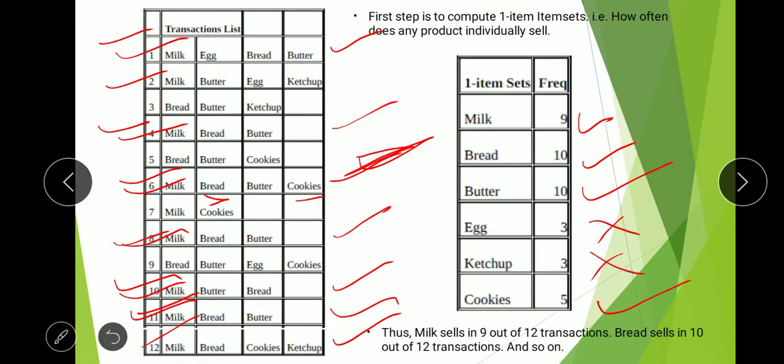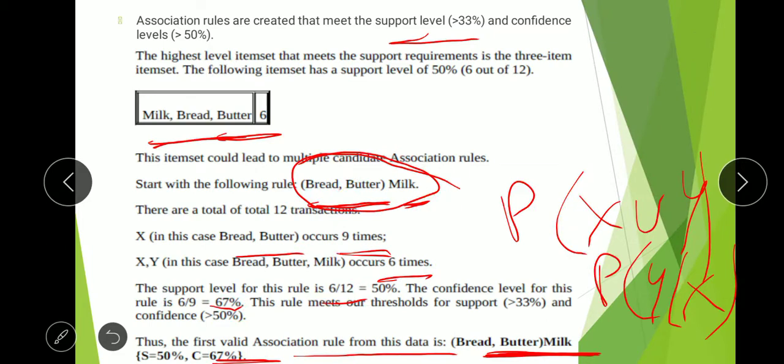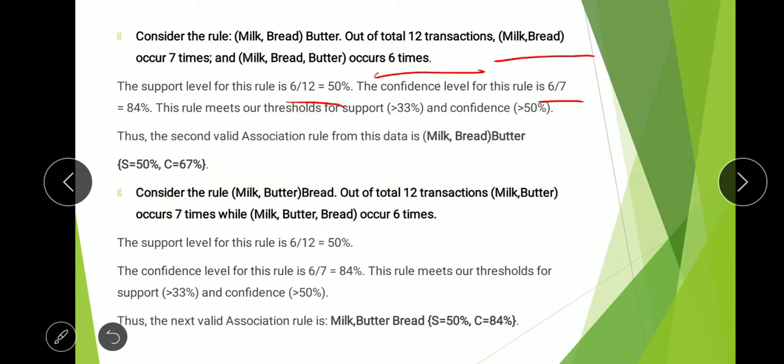No, one second. No, the confidence rule for this is probability of x union y divided by probability of x. Yeah. Probability of x union y is nothing but this one, 6. 6 divided by probability of x. Probability of x is what? 7. That is milk and bread together. So, 6 divided by 7 is 84%.